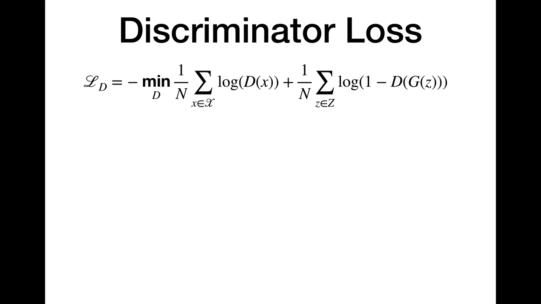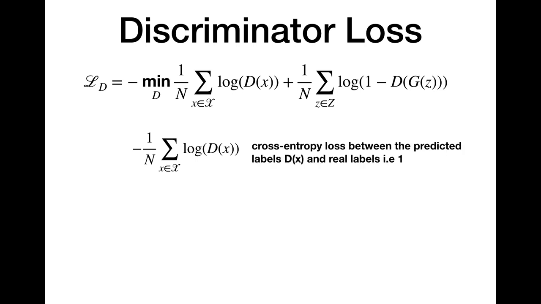Let's look at each of these terms separately to see what they each denote. The first term is the cross entropy between the predicted labels for the real images and the true labels, which is 1. This means that the discriminator is trying to predict 1 for all of the real images.